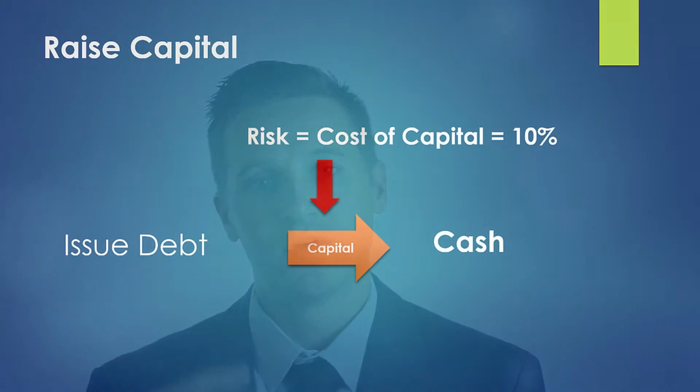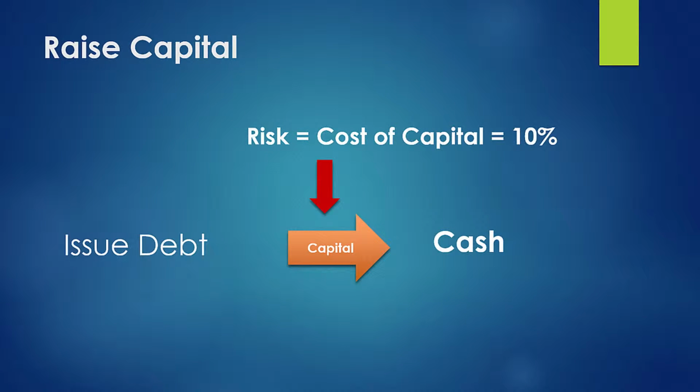We can use an even simpler example. Let's say all you did for your company was you received a bank loan. The bank would have given you a large sum of money, and you would have agreed to pay a set interest payment each period. Well, the interest payment that you're paying, that's the cost that you paid to bring this cash into your company.